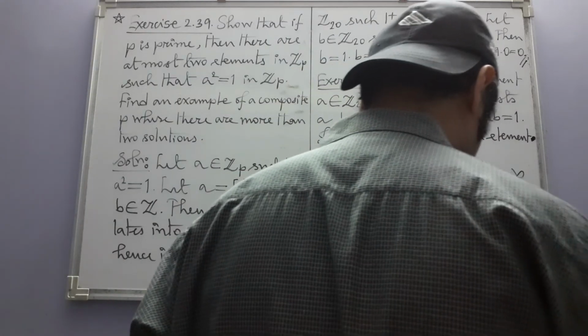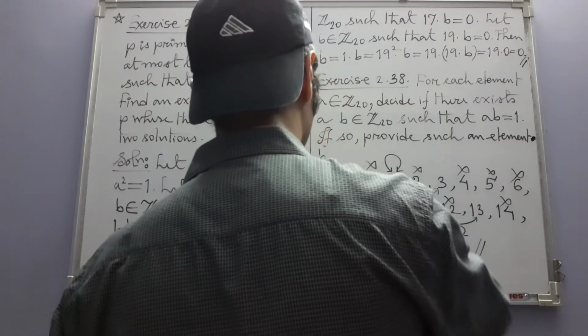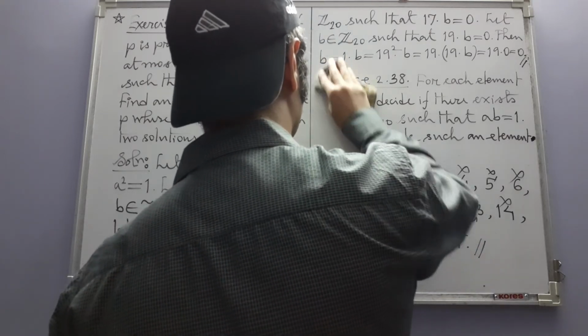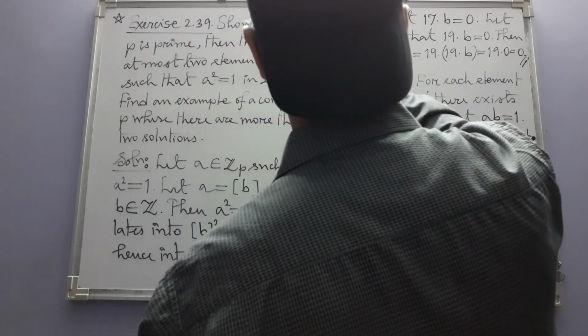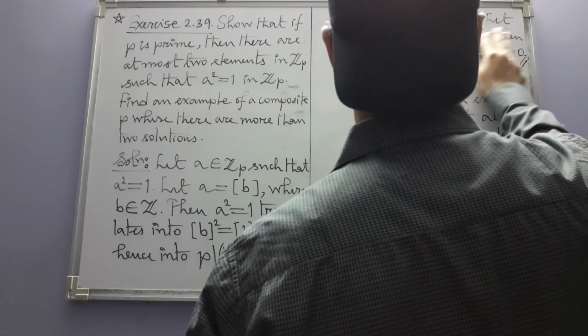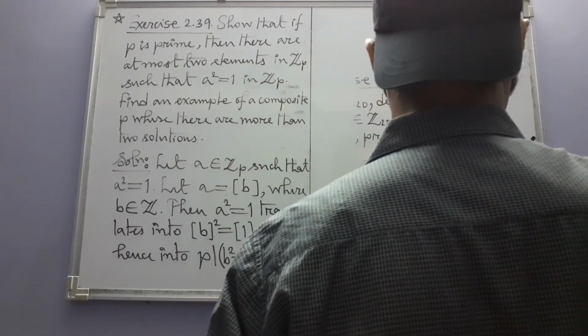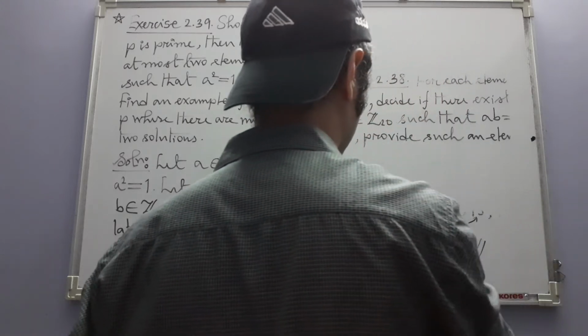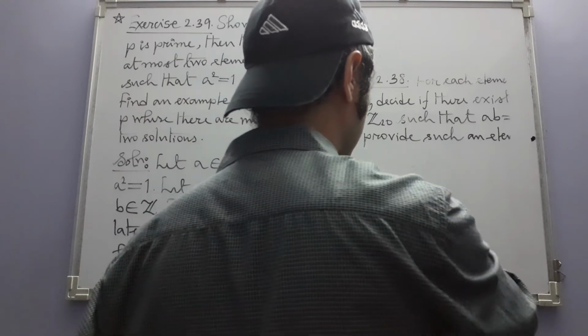Thus, now B square minus 1 is of course B plus 1 times B minus 1, and P being a prime would then divide either B minus 1 or B plus 1 or both. And then from there we can go forward.